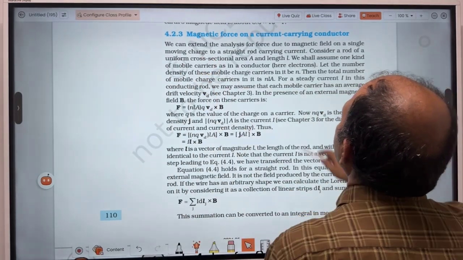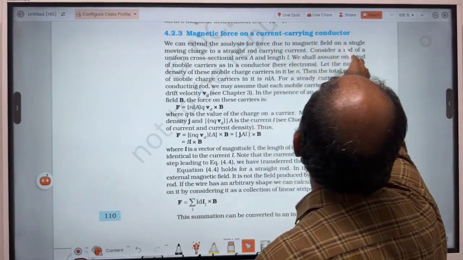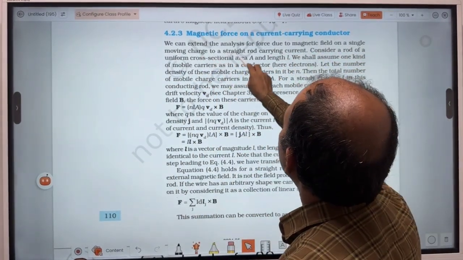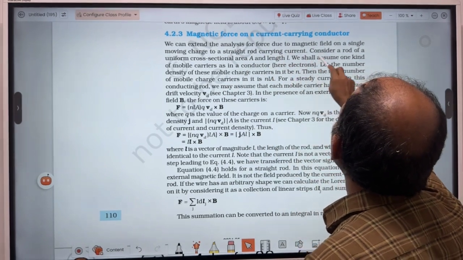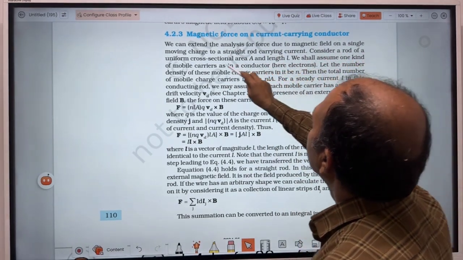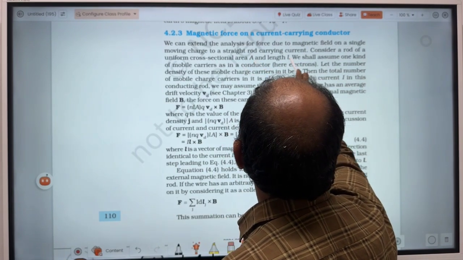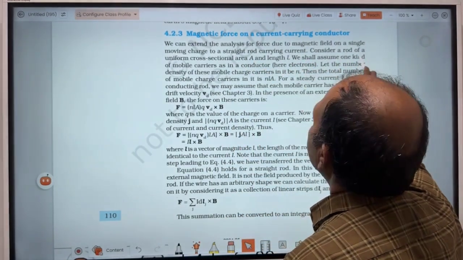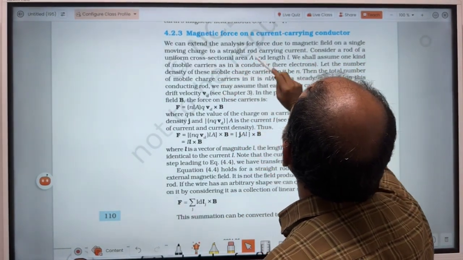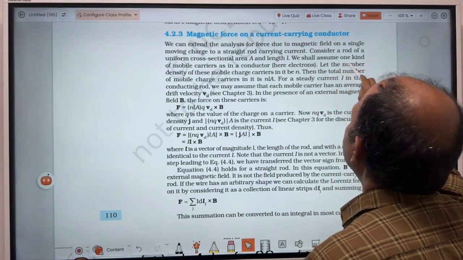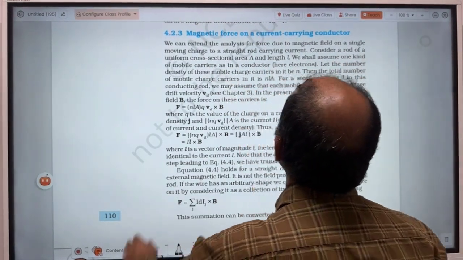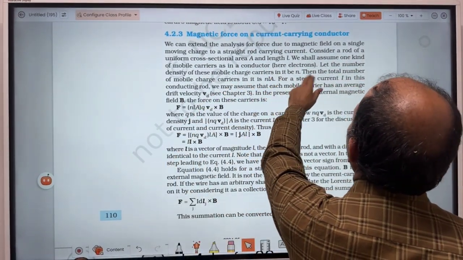We can extend the analysis for force due to magnetic field on a single moving charge to a straight rod carrying current. Consider a rod of uniform cross-sectional area A and length L. We shall assume one kind of mobile carriers as in a conductor, here electrons. Let the number density of these mobile charge carriers be n.